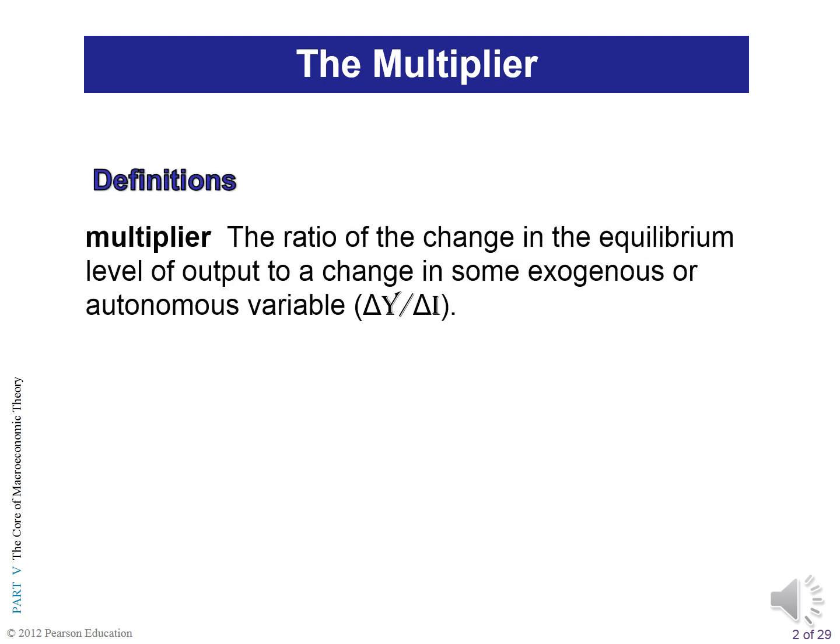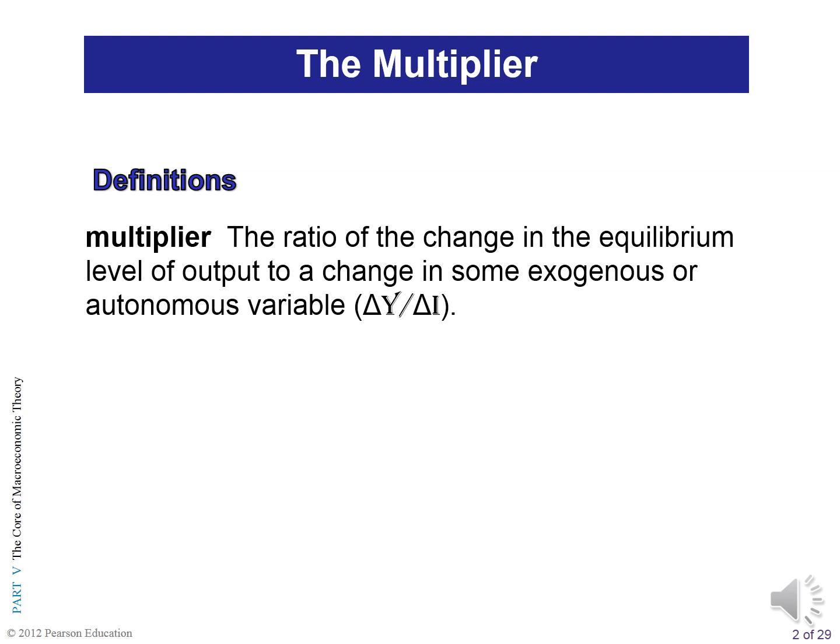So the multiplier is the ratio of the change in equilibrium level of output to a change in some exogenous or autonomous variable, which is I in our economy. So it's delta Y over delta I. Again, this is the change of equilibrium output because of a change in investment.